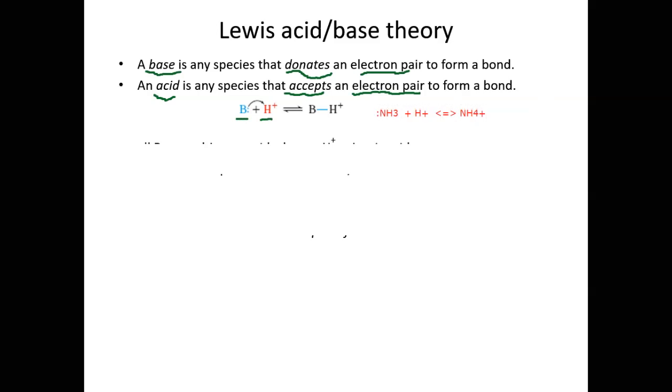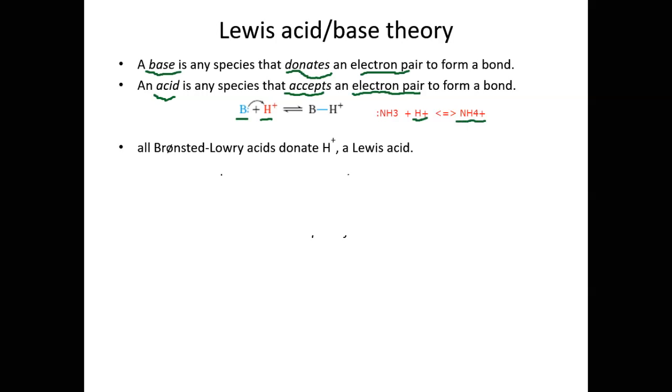So again, ammonia is the Lewis base. It has a lone pair of electrons it can donate. H plus is a Lewis acid, and then you have ammonium as the Lewis acid-base adduct.